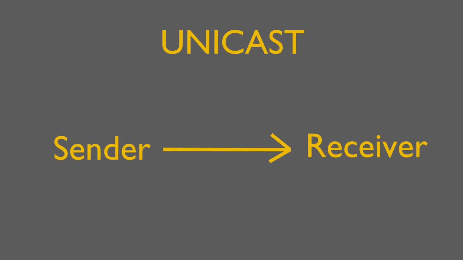That is, I want the message only to be received by him. In this particular case, we have just one receiver. I'm just sending my message and he is receiving. In such a situation, we say we have used a unicast connection. We send our message to only one receiver.